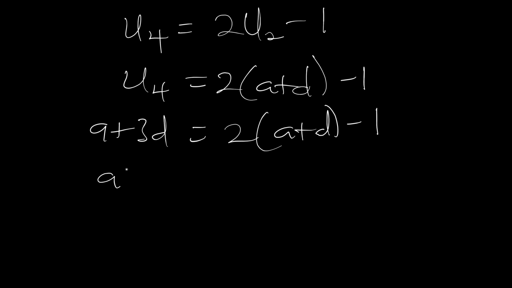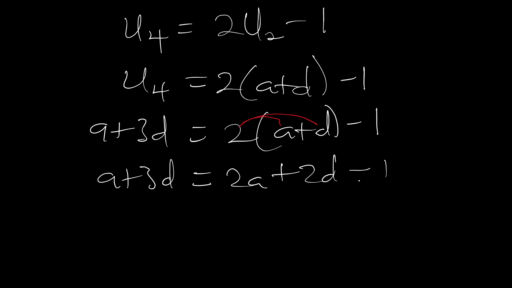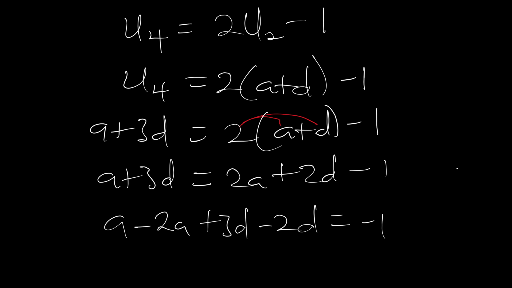So you can say that a + 3d is equal to, so 2 multiplies everything in the brackets, we have 2a + 2d - 1. Now when we group like terms, we have a - 2a + 3d - 2d is equal to -1.